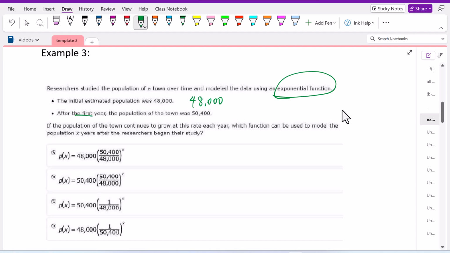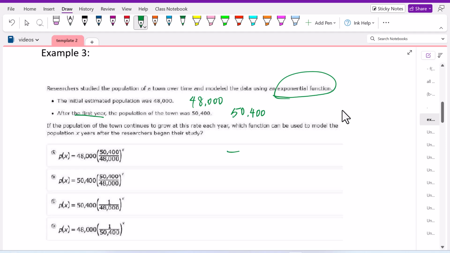After the first year, the population of the town was 50,400. If the population of the town continued to grow at this rate each year, which function can be used to model the population x years after the researchers begin their study?